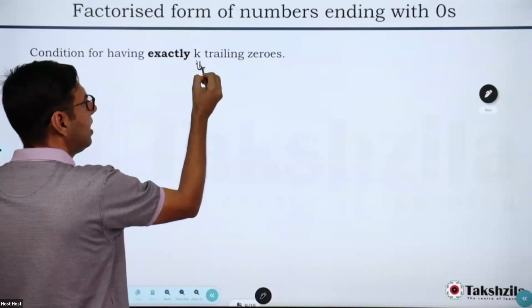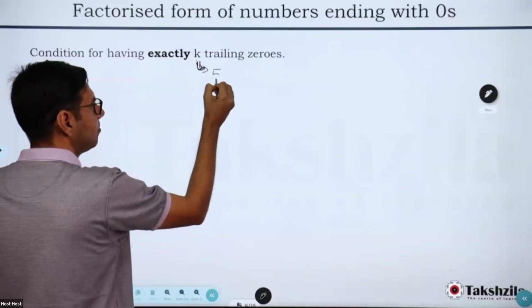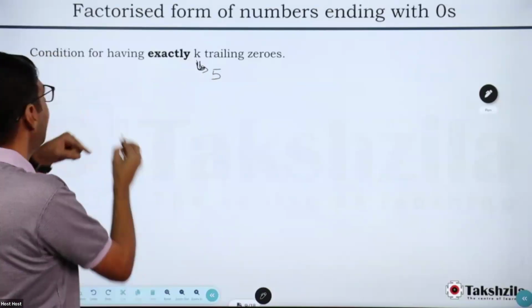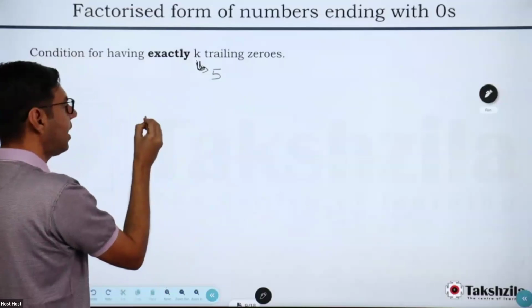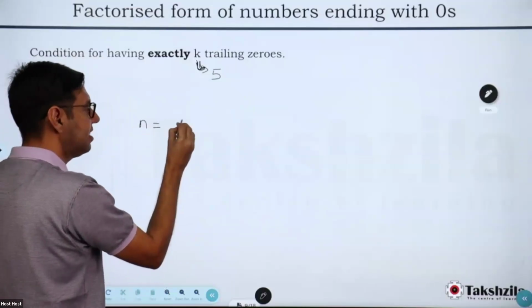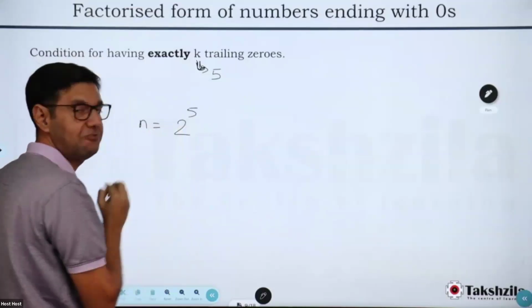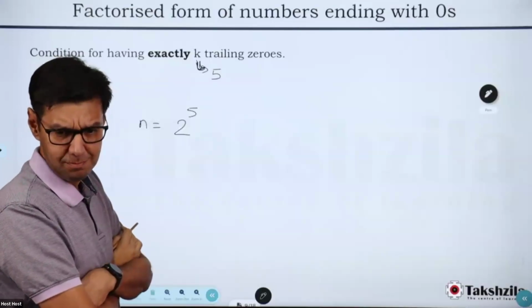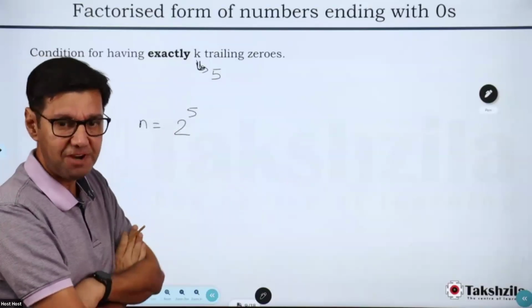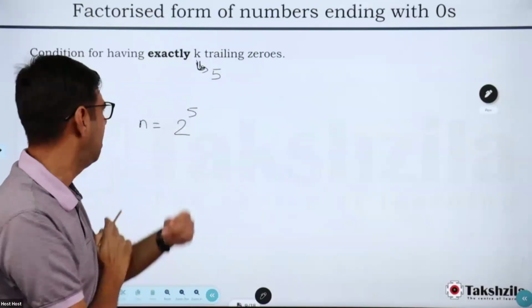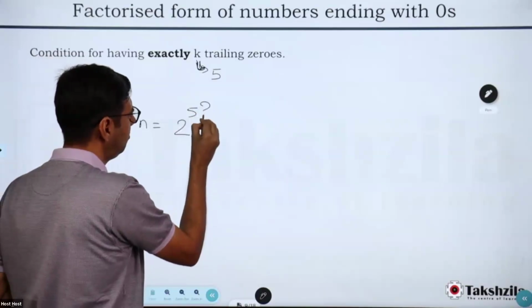If I say k is equal to 5, a number has 5 trailing zeros. So tell me, does the number necessarily have to have 2 raised to 5? Think and answer. Is this necessarily going to be 5 only?